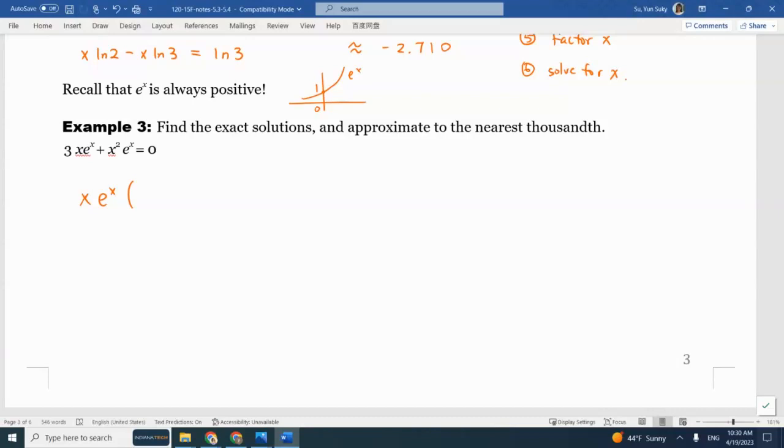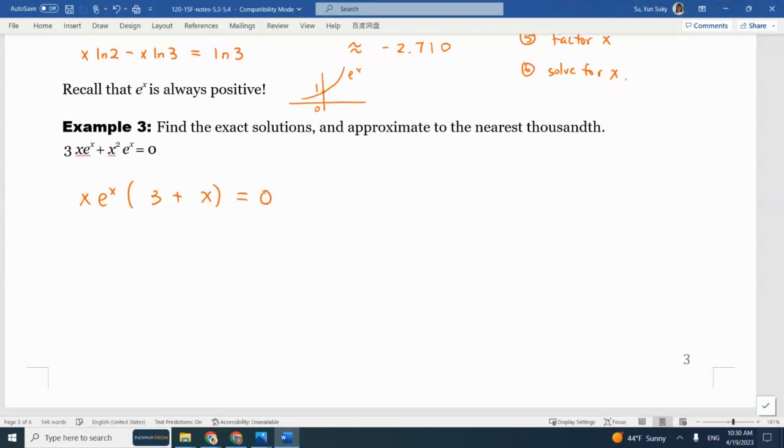Yeah, 3, and then how about this term? x squared e to the x, but you factor out x and e to the x. Yeah, an x left.